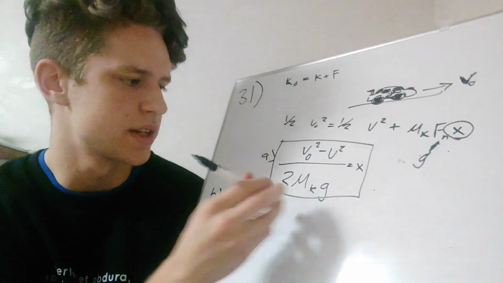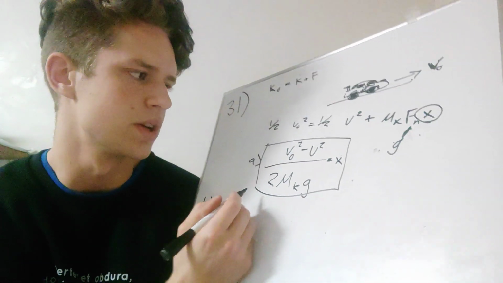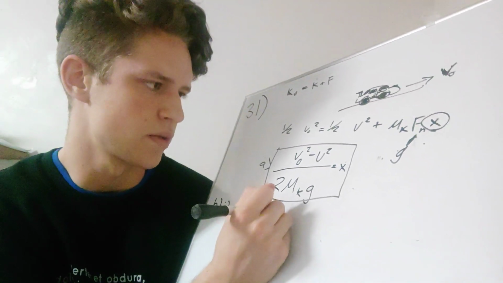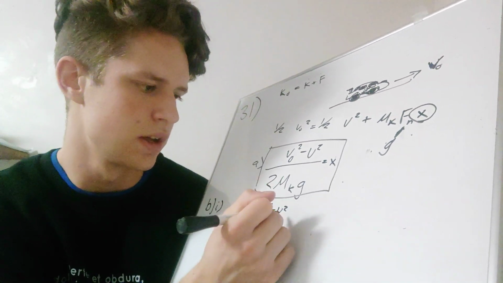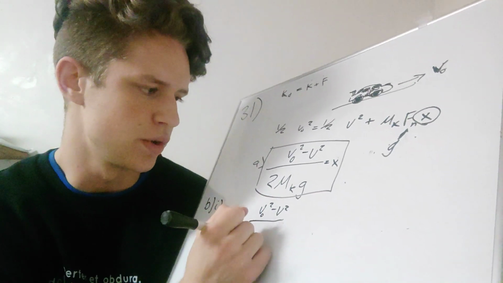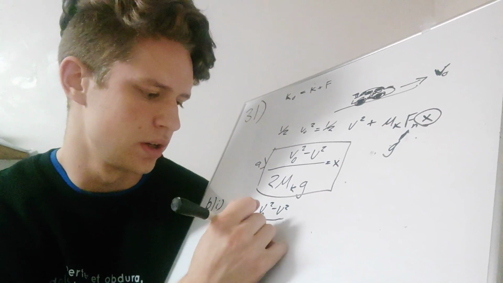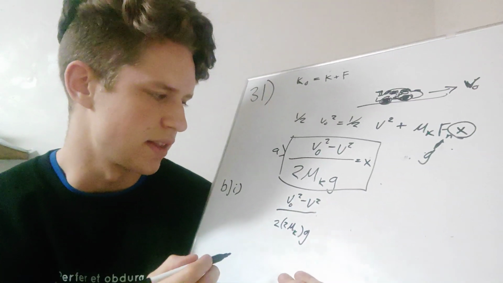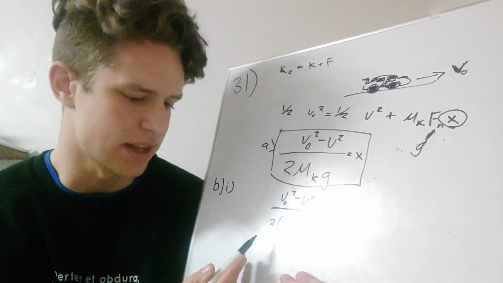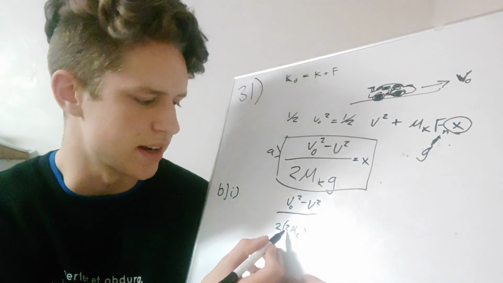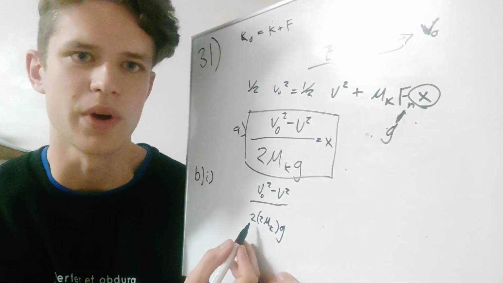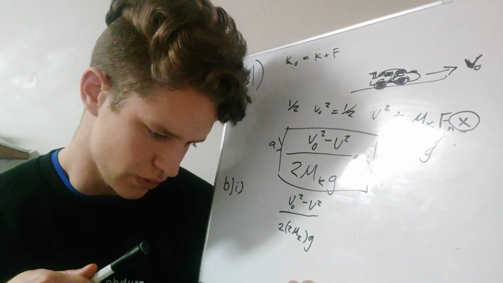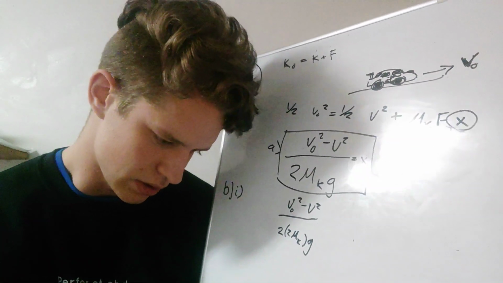So if you doubled this, you would essentially be changing this to v0 squared minus v squared over 2 times 2 mu k g. And then if you look at that, it's pretty easy to tell you're adding an extra, basically 1/2 to the bottom there.